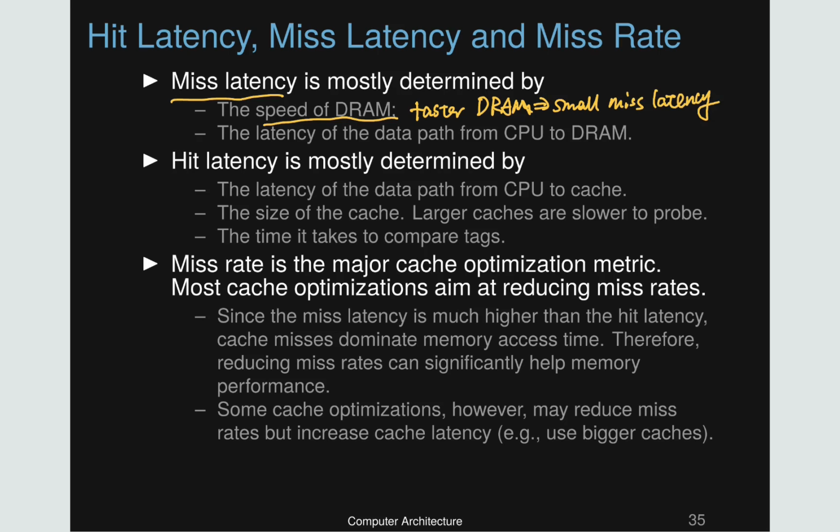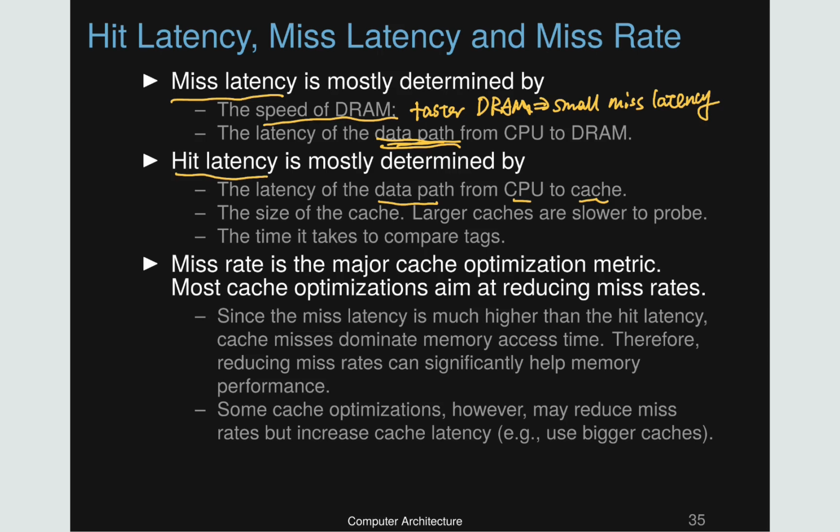And this miss latency is also determined by the latency of the data path from CPU to DRAM. So the faster the data path is, the smaller the miss latency is. Hit latency is mostly dominated by the latency of the data path from CPU to the cache. So if the data path is shorter and faster, then we're going to have smaller hit latency.